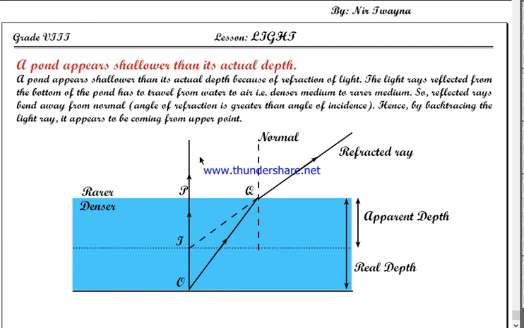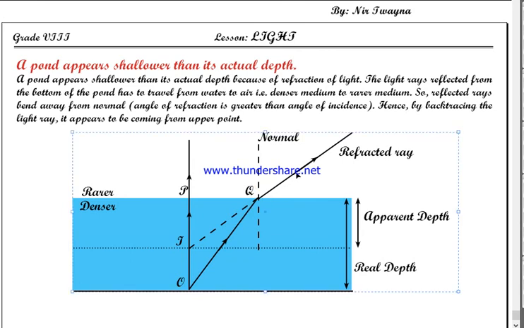It will simply go straight. And the light ray which is traveling by making a certain angle to the normal, that means the angle of incidence, has to travel from water to air, that means denser medium to rarer medium. And when a light ray travels from denser to rarer medium, it bends away from the normal, isn't it?